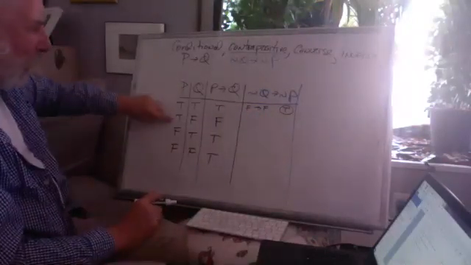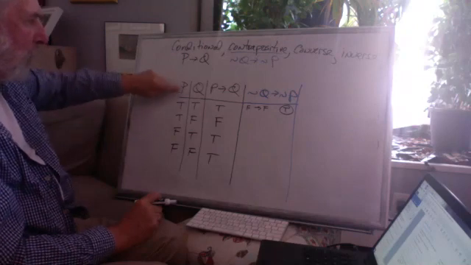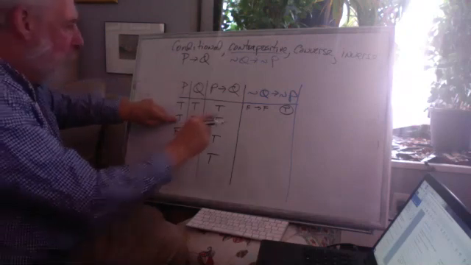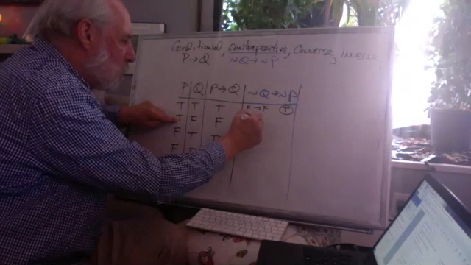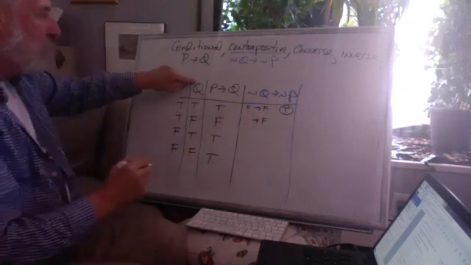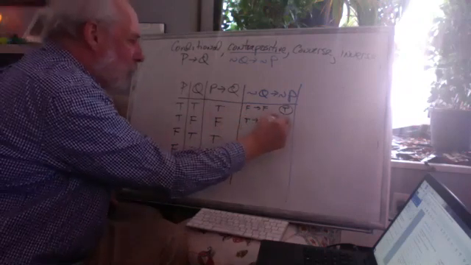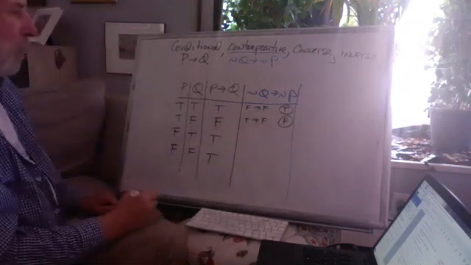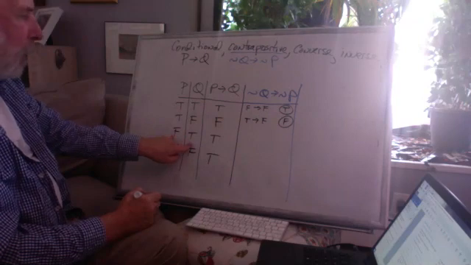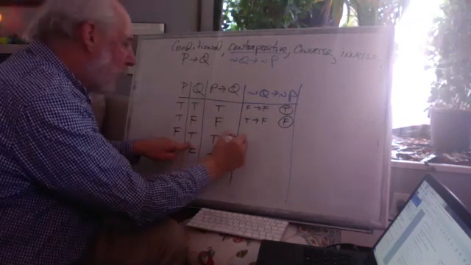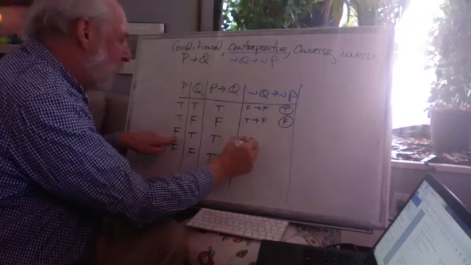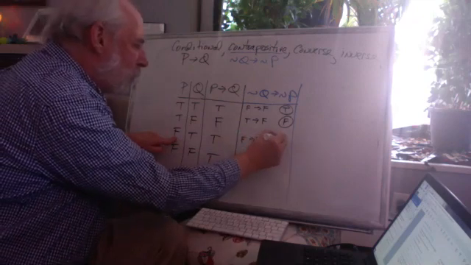We go to the second row. P starts out true, but this makes it false. Q starts out false, this makes it true, and that gives us false. On the third row, Q is true, so that gives me false. P is false, that gives me true, that's true.